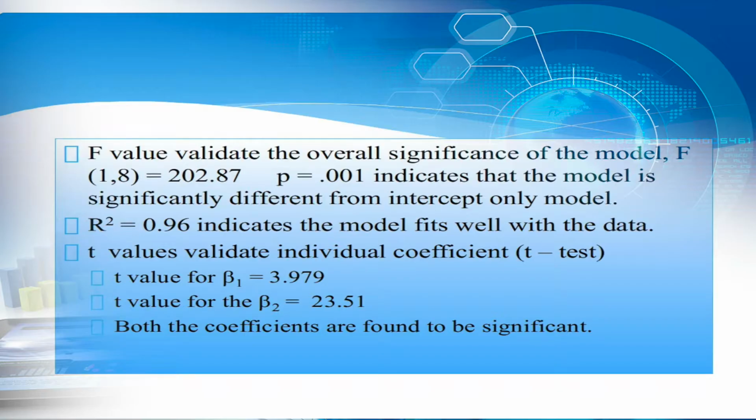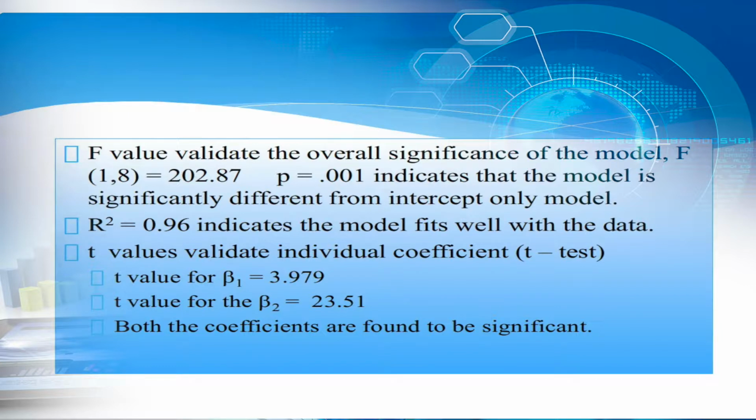In this case, F 1,8 is equal to 202.87. The p value is 0.001 and so indicates this model is significantly different from the intercept only model. R square is calculated to have the value 0.96, which indicates the model fits well with the data.